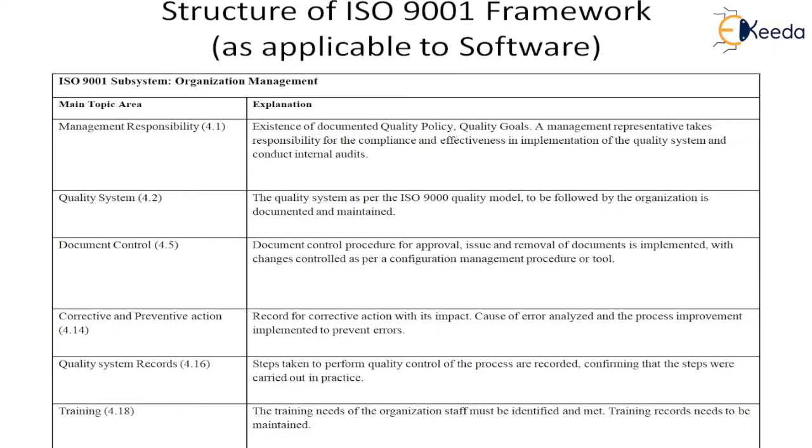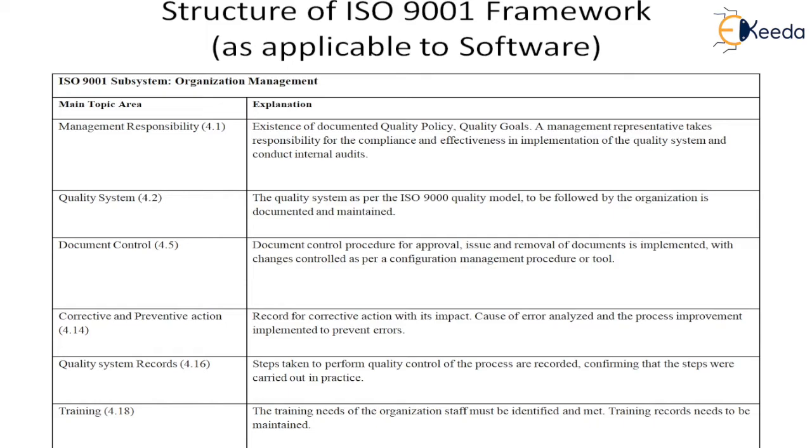It is applicable to service organizations as well as different engineering organizations and industries. We will look at the framework of ISO 9001, the 2000 version, which is applicable to software.